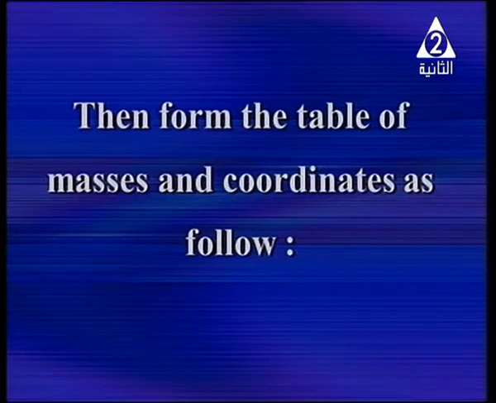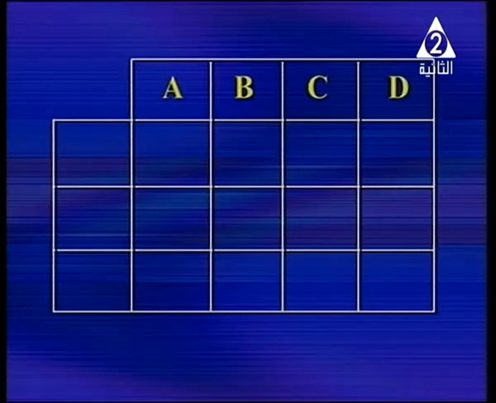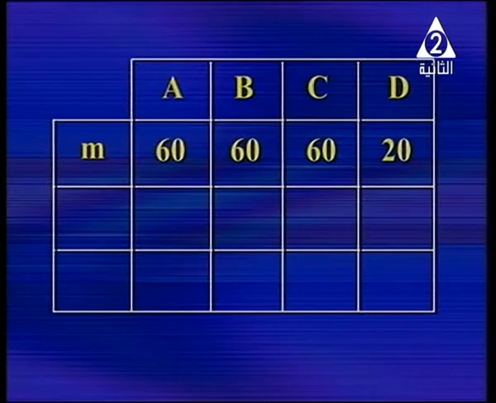Form the table of masses and coordinates as follows. Look at A, B, C, and D. We have 4 vertices and 4 masses. The first is 60, B is 60, C is 60, but D is 20.